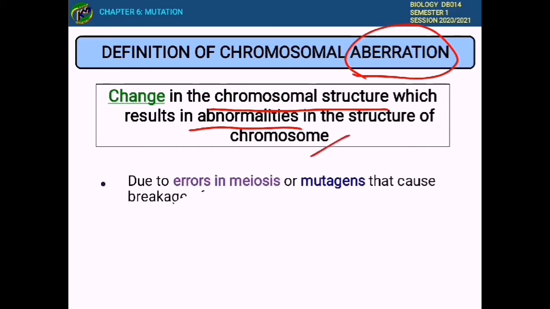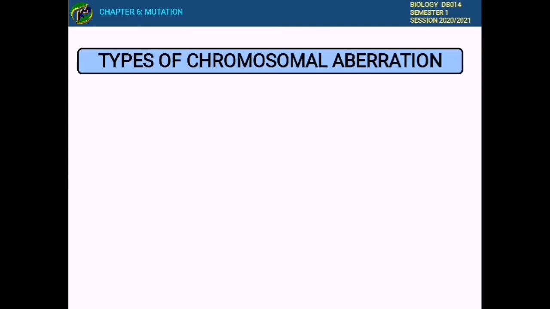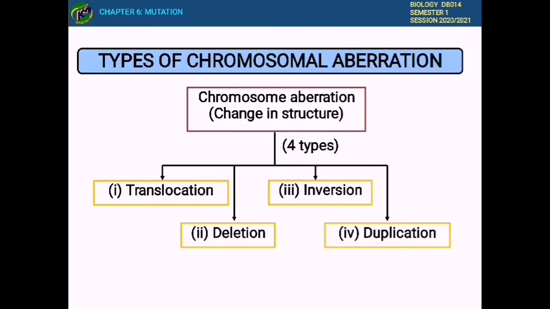This is due to errors in meiosis or mutation that cause breakage of chromosome. So there are 4 types of chromosomal aberration. We have translocation, deletion, inversion and also duplication.